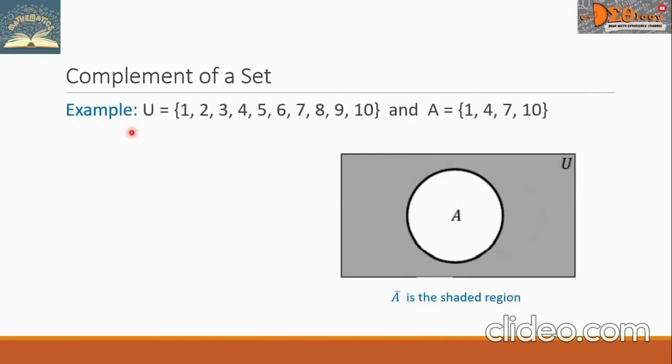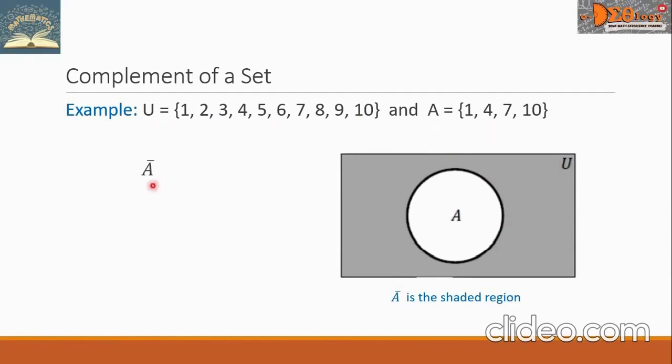Now let's have example. Let the universal set equals the numbers from 1 to 10, and set A equals 1, 4, 7, and 10 elements. Take note that A here is a subset of the universal set.